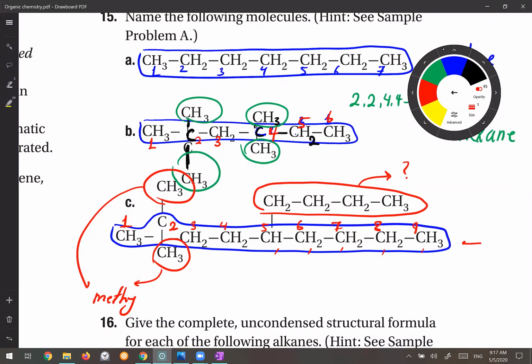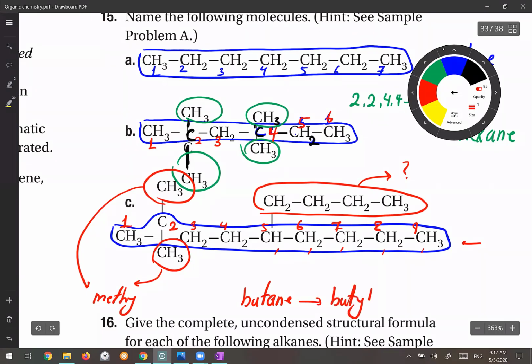And the alkane with 4 carbons is butane. But when it becomes a branch, it converts to butyl. So the name of this branch is butyl. So you have two types of branches here: one of them is methyl, the other type is butyl.